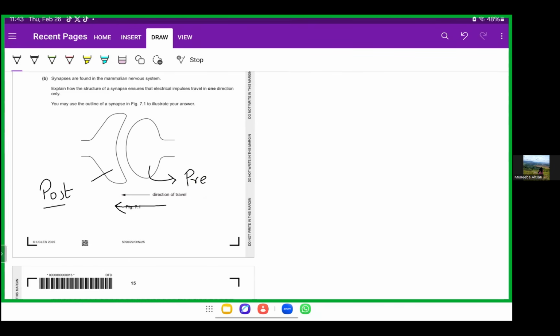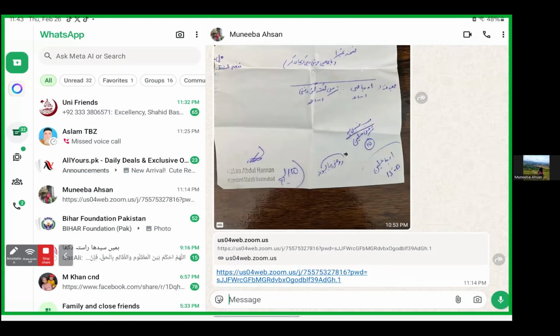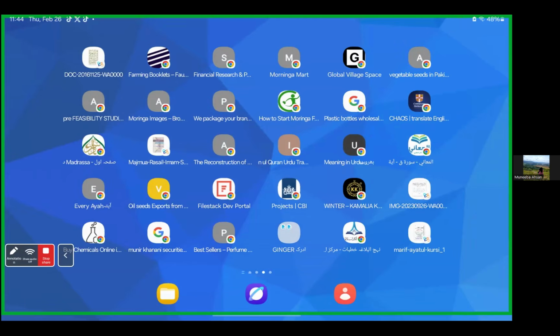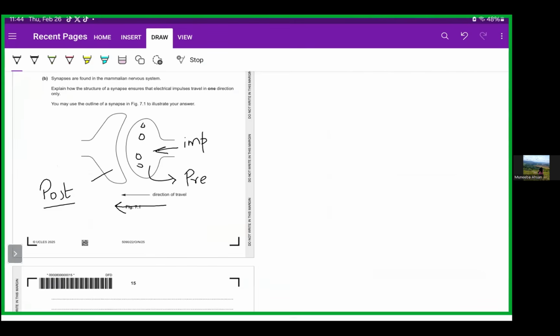So what happens is that this presynaptic neuron, when it is hit by an impulse, these vesicles release the neurotransmitters. As soon as these impulses are transmitted to the vesicles, they release their neurotransmitters in the synaptic junction.